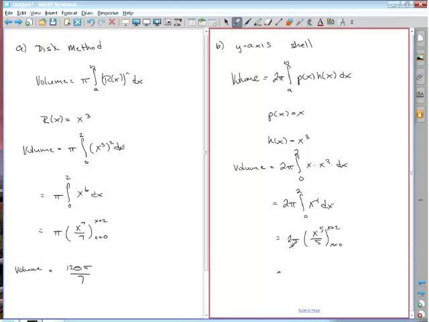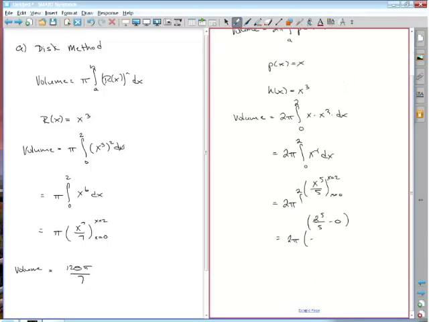Again, the lower limit goes to 0, so we have 2 to the 5th over 5 minus 0. I forgot to put that in last time. 2 to the 5th is 32. So we have 32 times 2, which is 64. So we have 64 pi divided by 5.